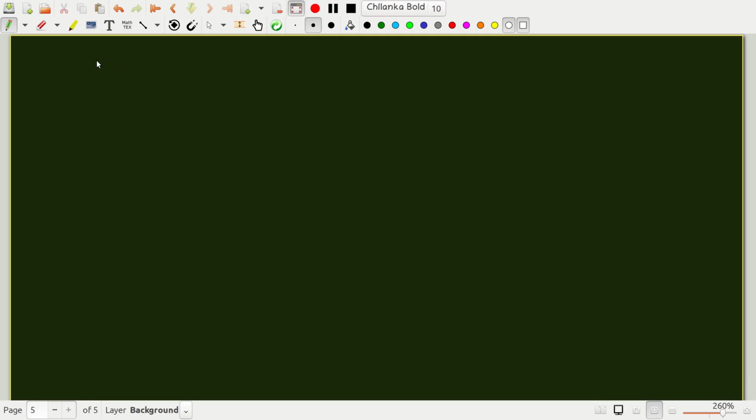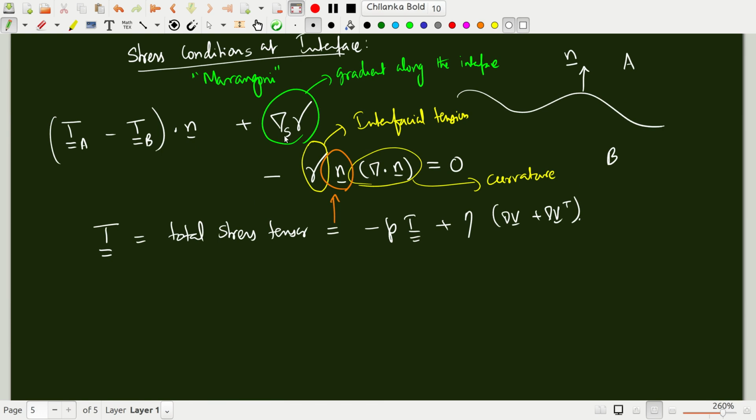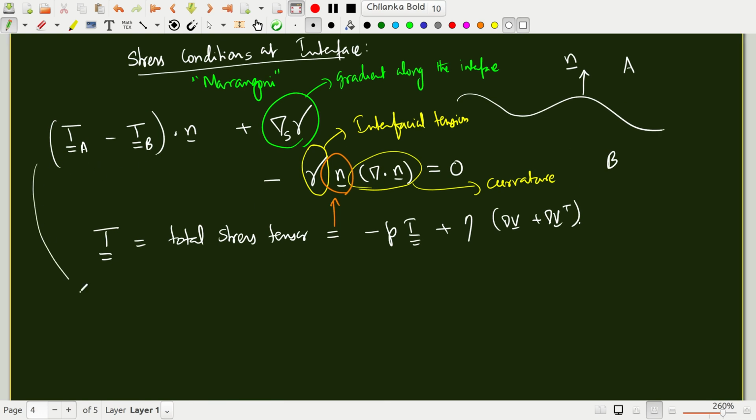First let's think about the normal condition at an interface. You simply have to take the dot product of the above equation with n. If you take the dot product with n, you'll get n dot T_A dot n minus n dot T_B dot n.